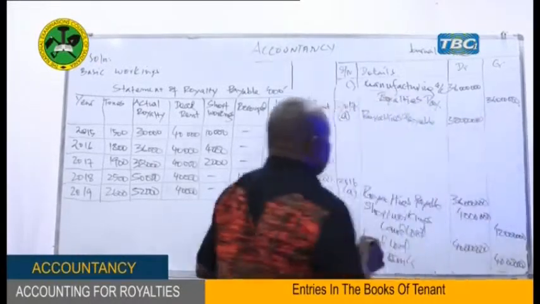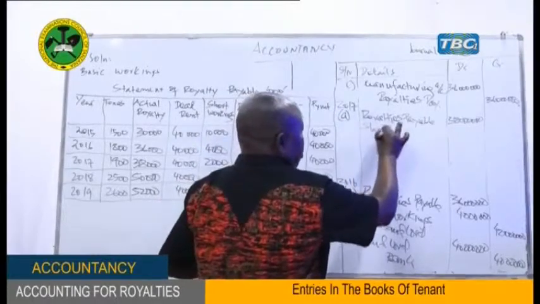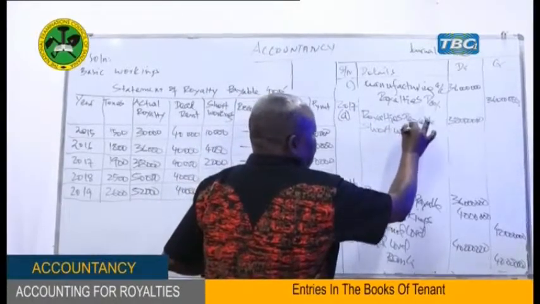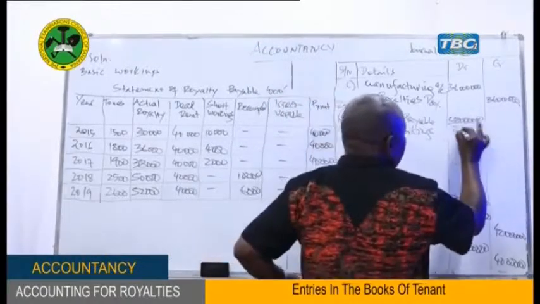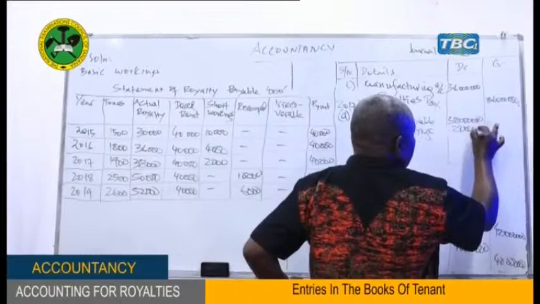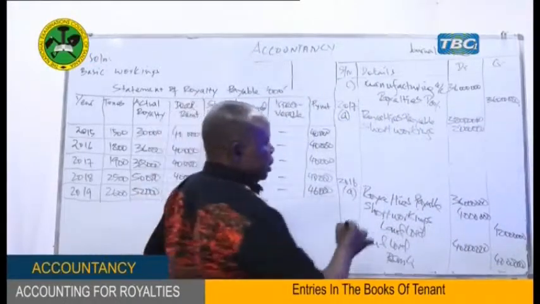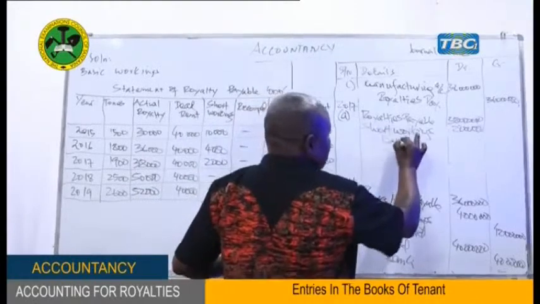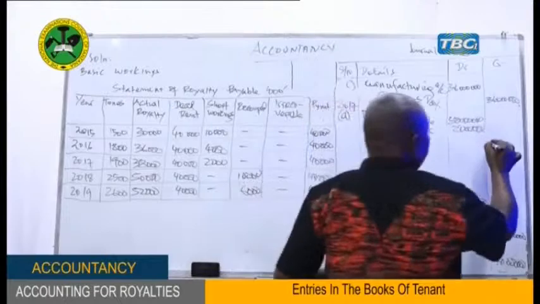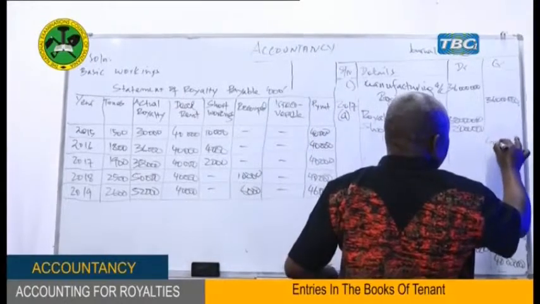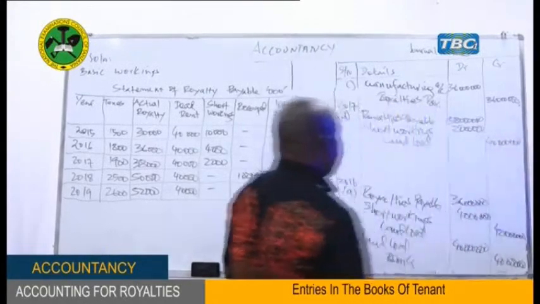We are going now to debit short workings, 2 million. And we are going to credit landlord 40 million.